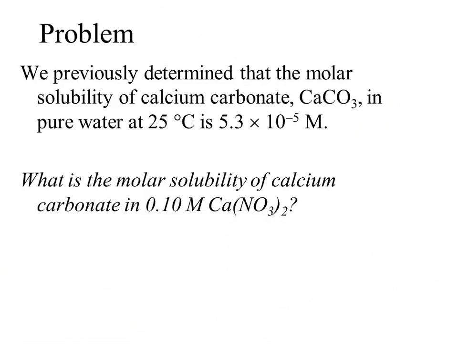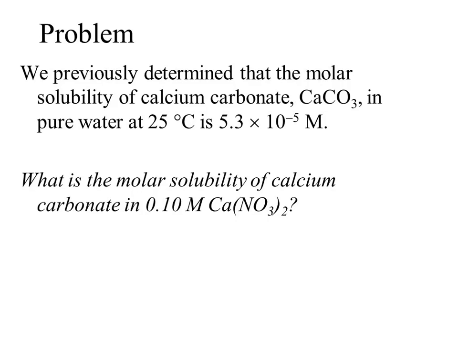All right. So let's work a problem that is what we call the common ion effect. So if you read this a few times, we're dealing with calcium carbonate, and we looked at calcium carbonate before, and we came up with the molar solubility in pure water of 5.3 times 10 to the negative fifth.